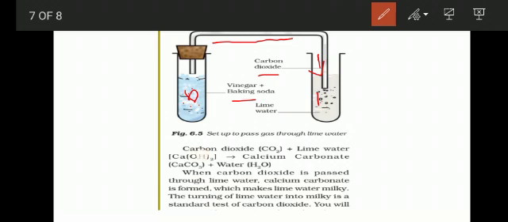When carbon dioxide is passed through lime water, you would see the formation of calcium carbonate plus water. So carbon dioxide is CO2, lime water is Ca(OH)2, and the new material formed in this reaction is calcium carbonate, that is CaCO3. So thank you children.